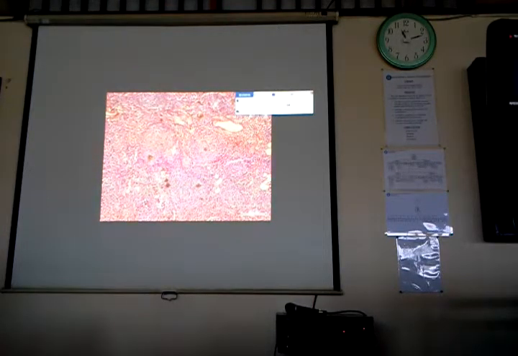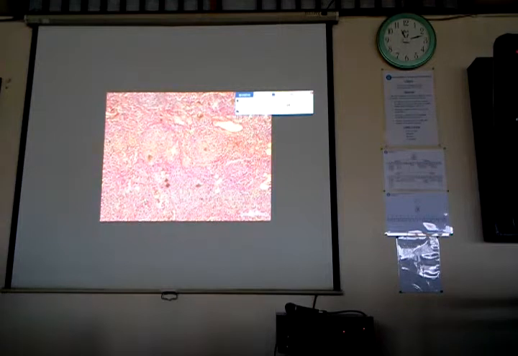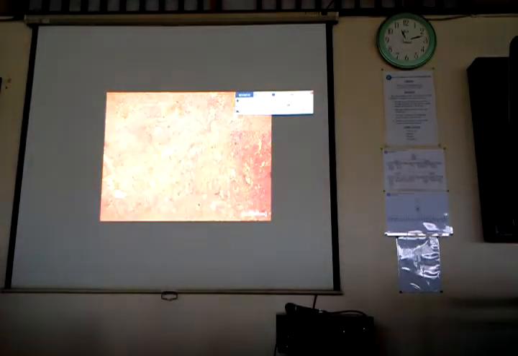So seen immediately adjacent to the blood vessels are the lymphoid follicles, which should be absent in the medulla. So that is the characteristic abnormality. And then if you scan the entire slide, almost all portions of the lymph node will show lymphoid follicles.